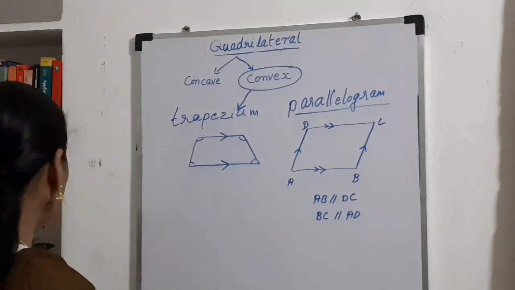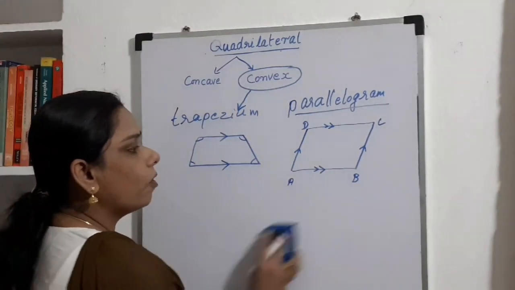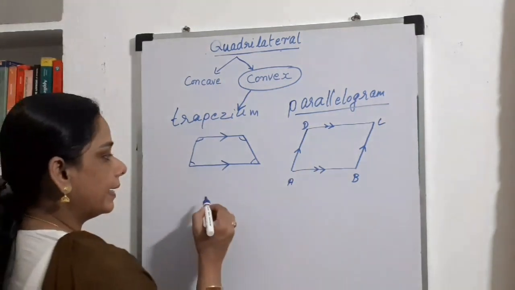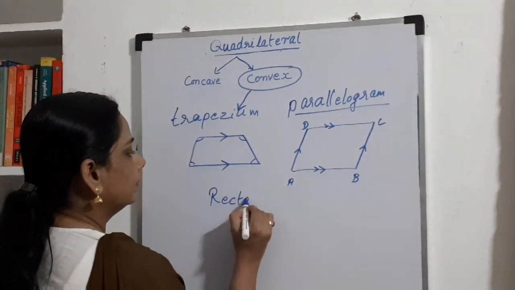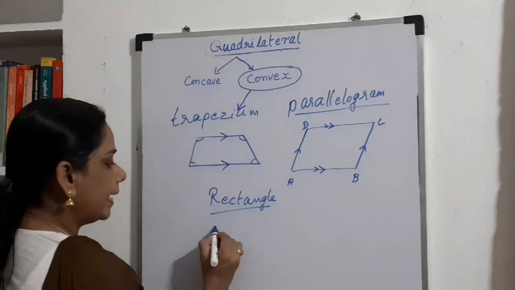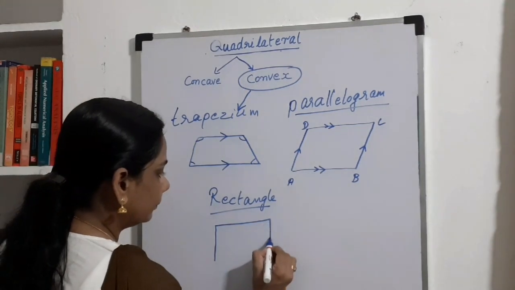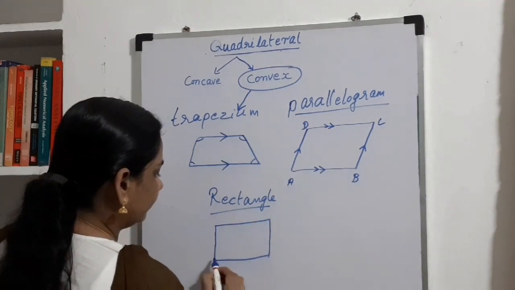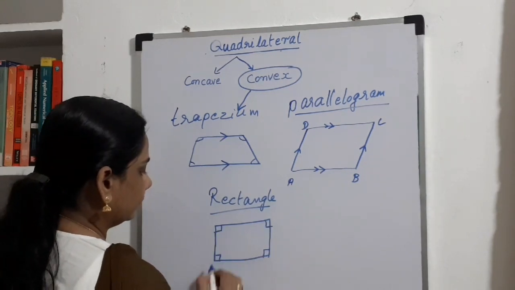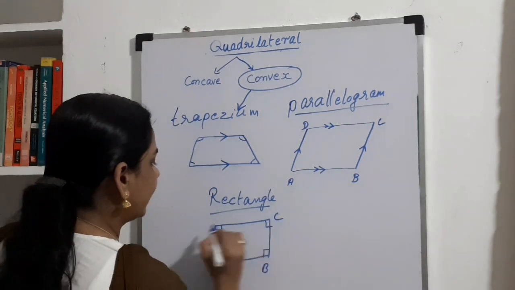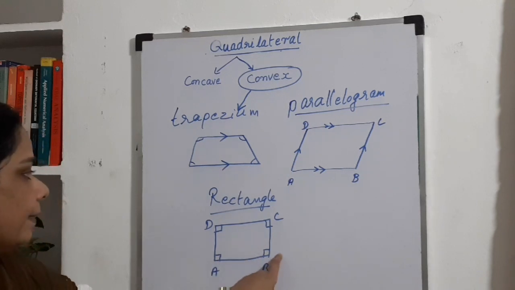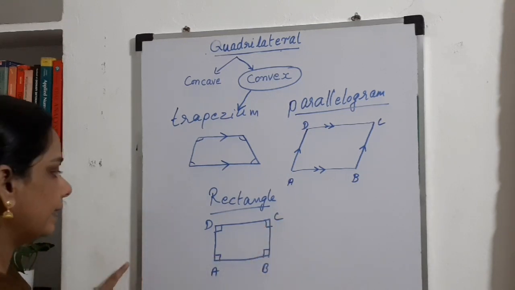Now, in a parallelogram, if all the angles are 90 degrees, it is known as a rectangle. So, ABCD is a parallelogram since AB and DC are parallel and BC and AD are parallel, isn't it?